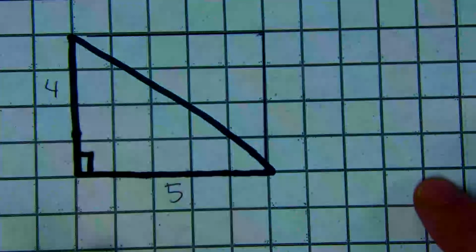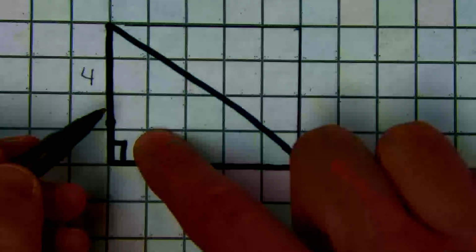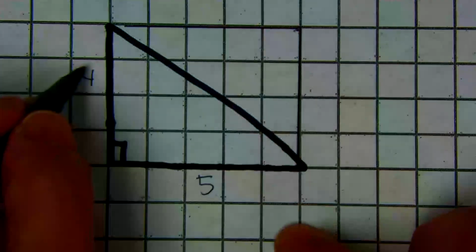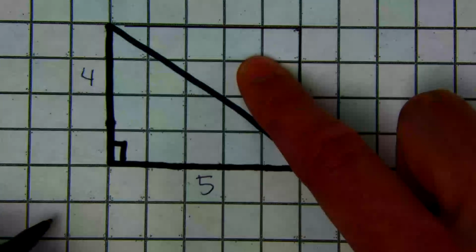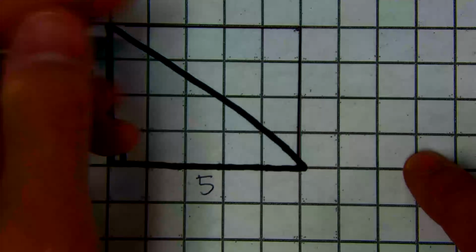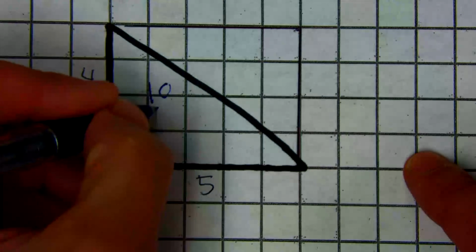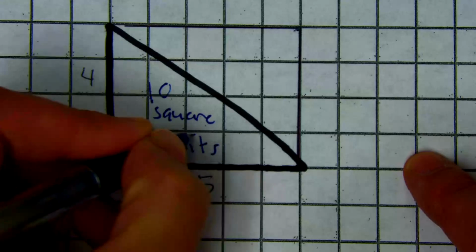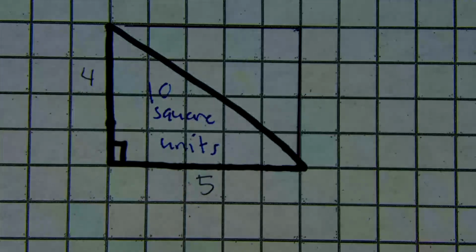Yeah, this triangle is just half a rectangle that would be 4 by 5. 4 times 5 is 20, and half of 20 is 10. So this should be 10 square units. Does that only work with right triangles?